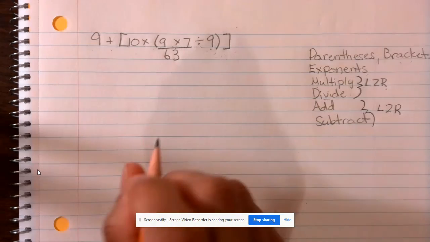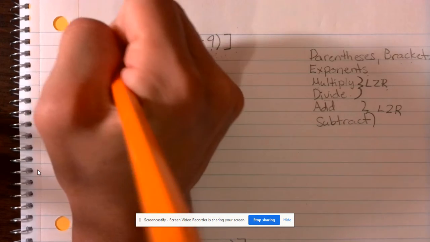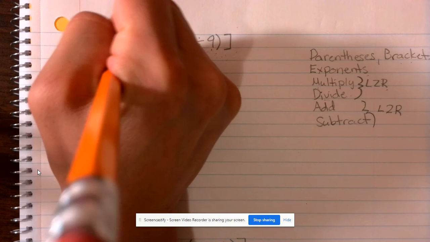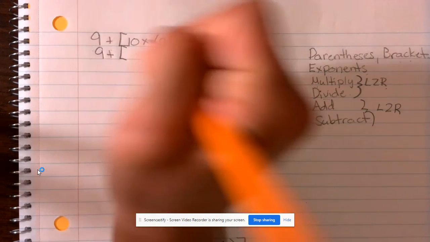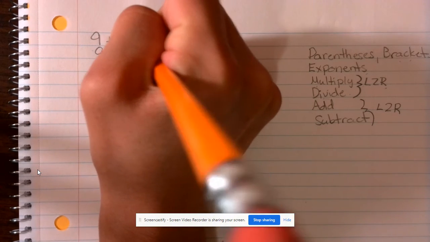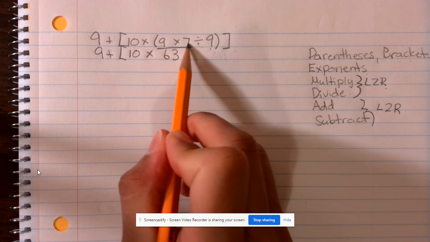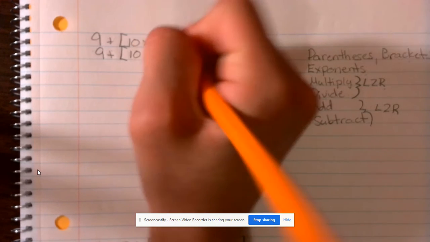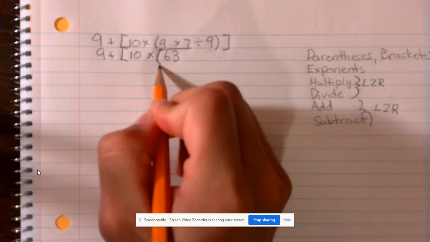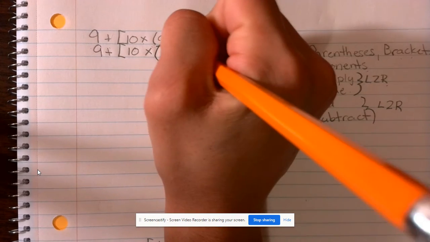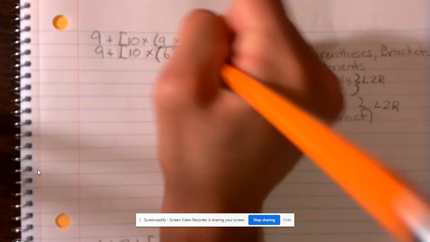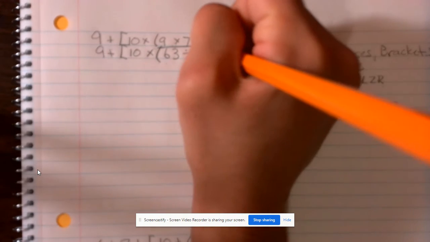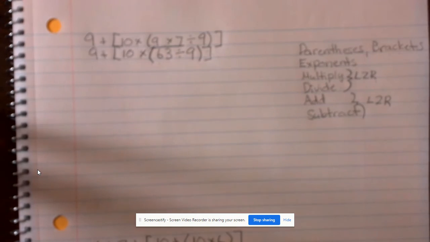Then I bring down the rest of my problem. 9 plus, open parentheses, 10 times, and we did 9 times 7, which is 63. Bring down your parenthesis sign. Make sure you bring that down. Divided by 9, close parentheses, and close your bracket sign.